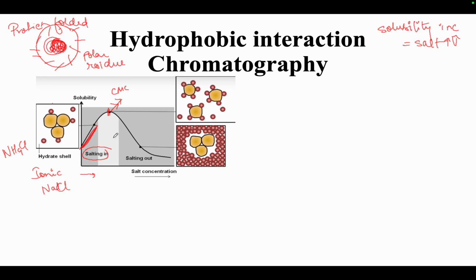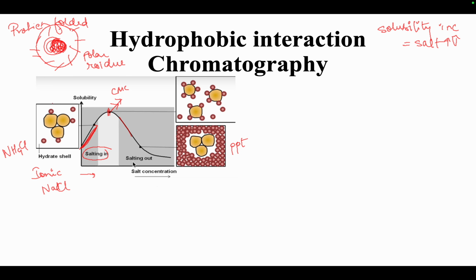And as you keep on increasing the salt concentration, what will happen? The solubility is decreasing. So what is happening now? As you increase the salt concentration here, all the water molecules will move out of the hydration shell, and the protein will get precipitated.